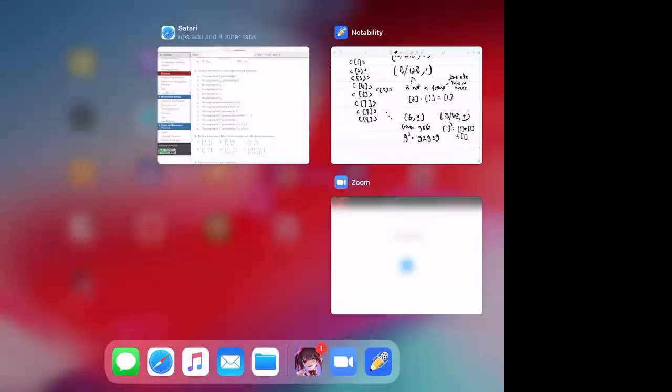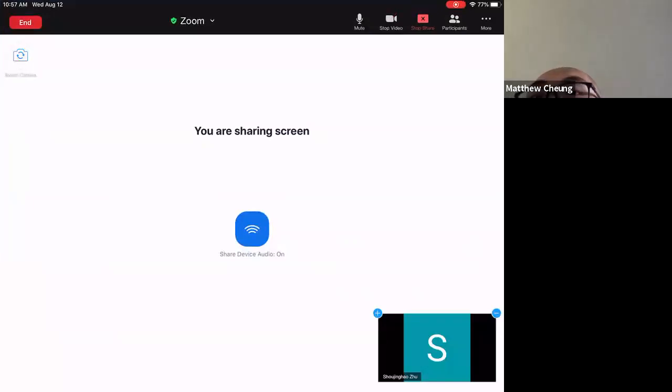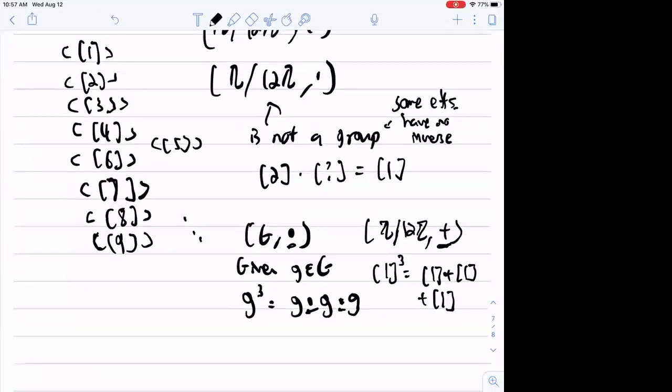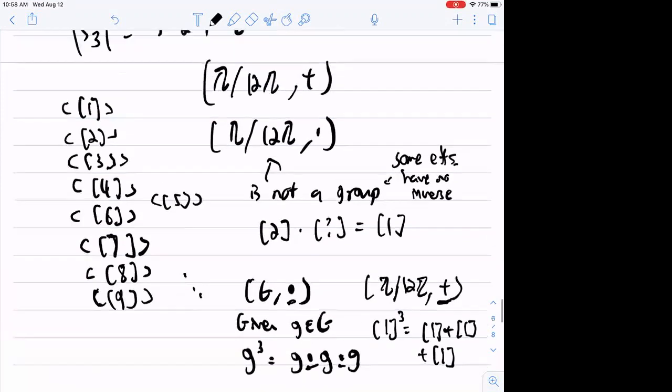Any other questions? In order to have a group, you need an operation, so whenever I write cube or square, it's whatever the operation is. If the operation was multiply, then it's multiply. If the operation was plus, then it's plus. But sometimes the book doesn't write it.